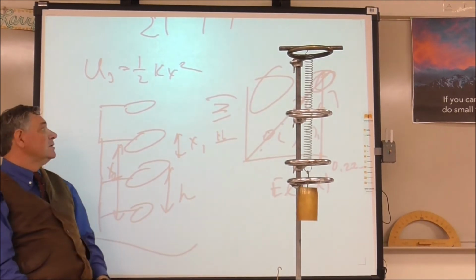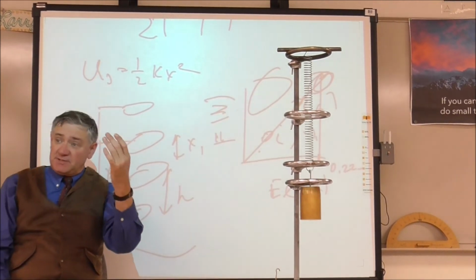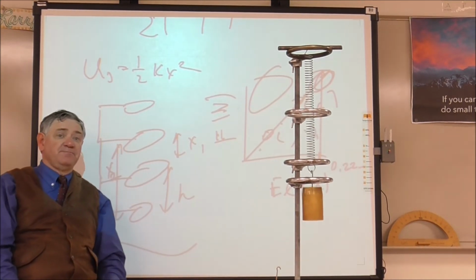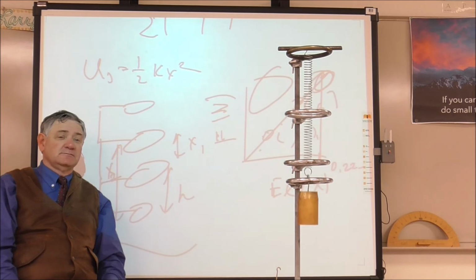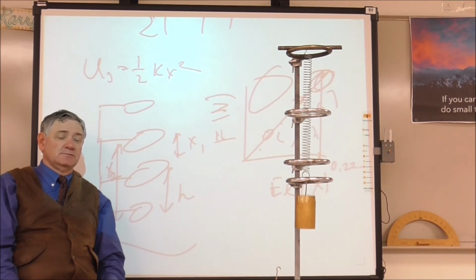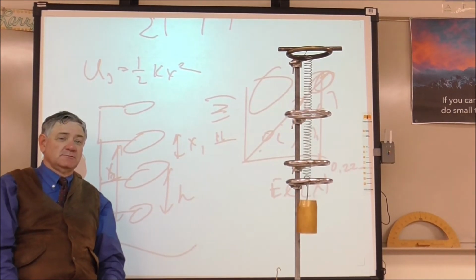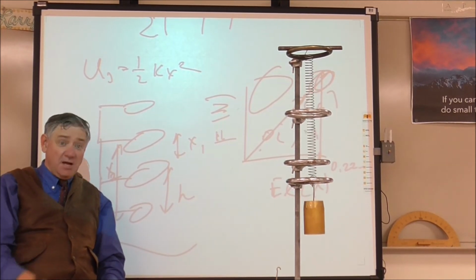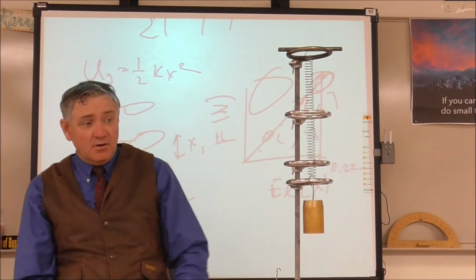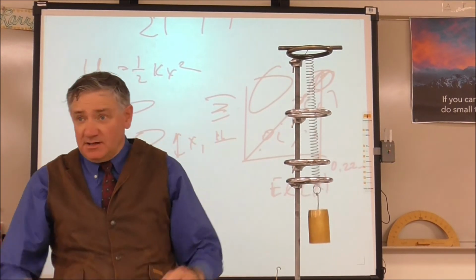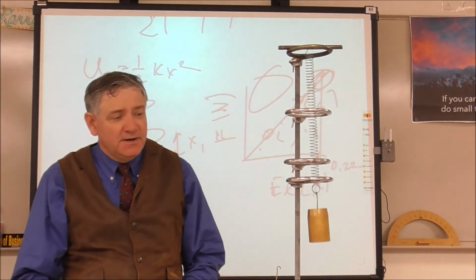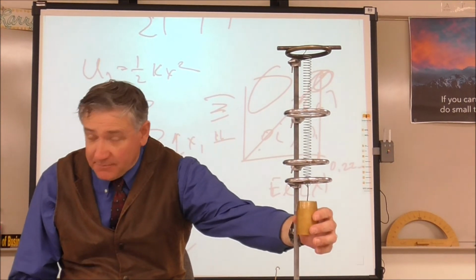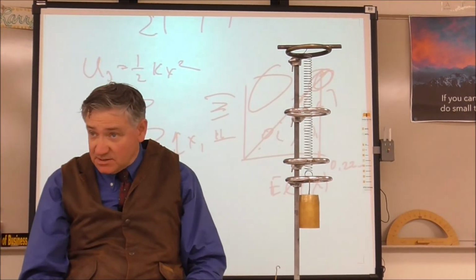So there's a second type of potential energy. Kyla, what's another type of potential energy we could have? Gravitational. Yeah, we could have UG, right? UG is changing because the height is changing. You have your maximum us at the bottom because that's when the spring is stretched the most.